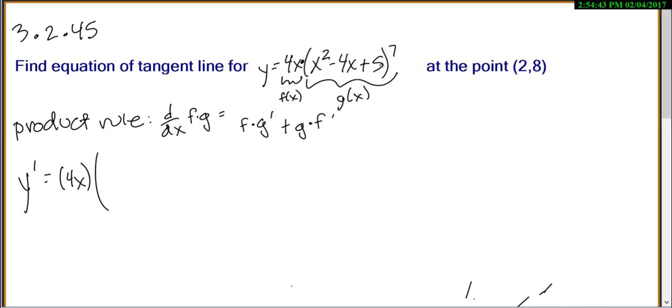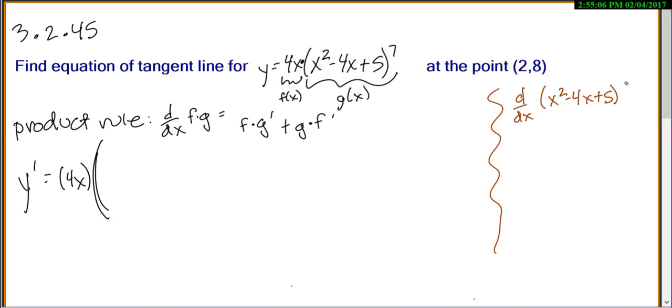To find g prime, we need to use the chain rule, because we have all of this inside the parentheses raised to the 7th power. Depending on how you want to do this, you might want to do a little side step. The derivative of x squared minus 4x plus 5, to the power 7, I would have to use the chain rule.